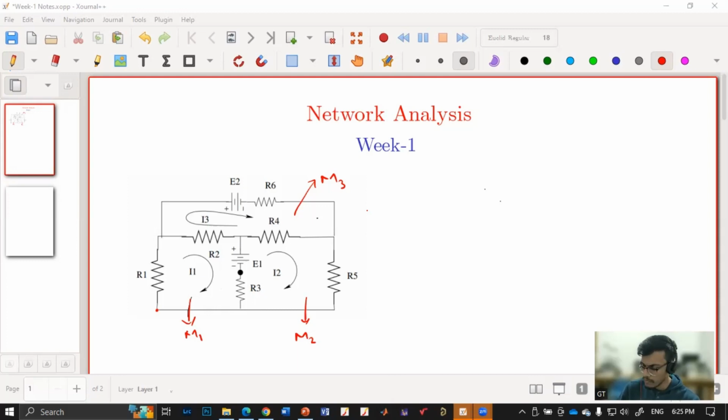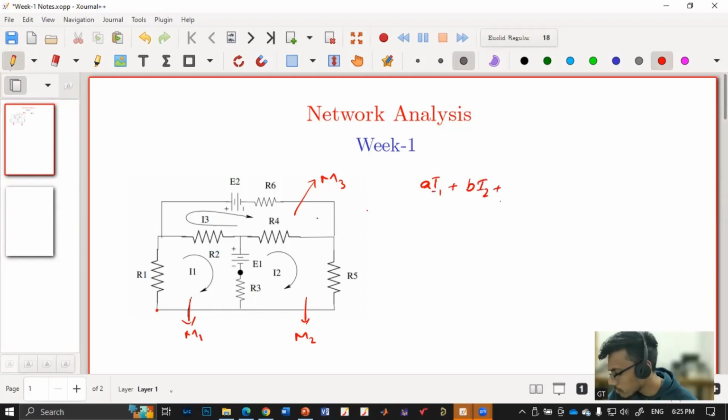So we can apply the mesh analysis, but a simple trick is, say we will get an equation in this format, right? A into I1 plus B into I2 plus C into I3 is equals to some voltage V. So if we are applying in the mesh of I1, the I1 coefficient is sum of the resistors in that mesh. So A will be R1 plus R2 plus R3, into I1.